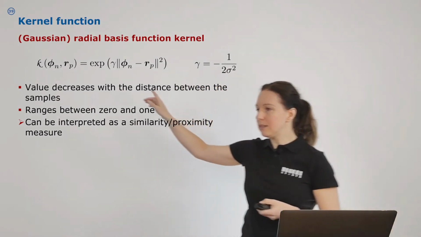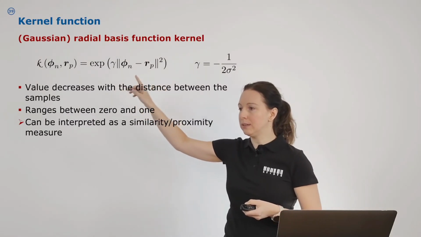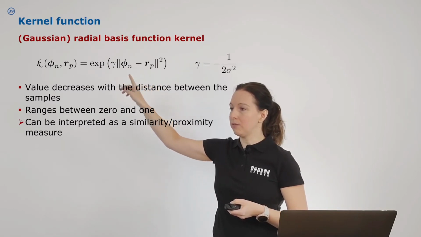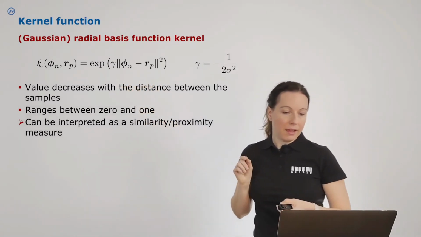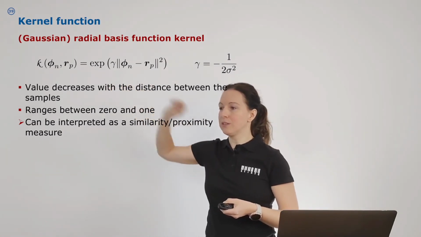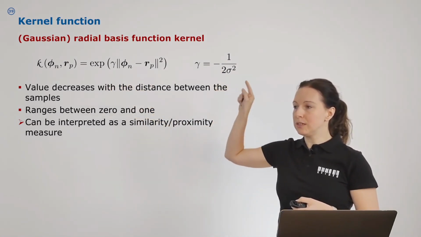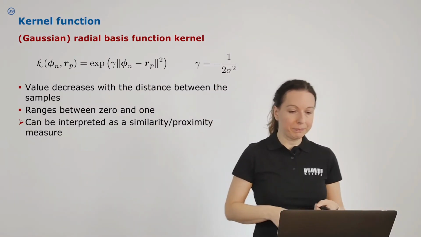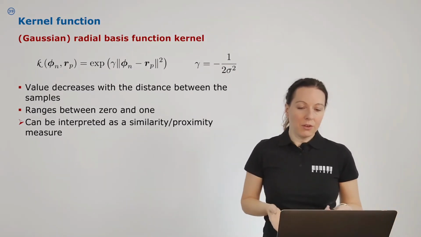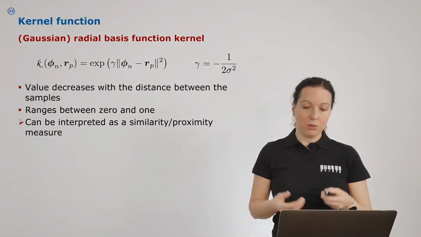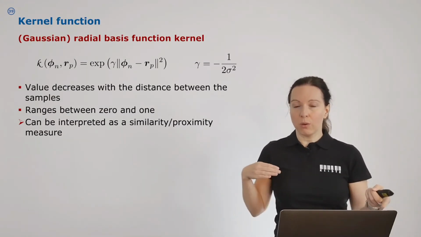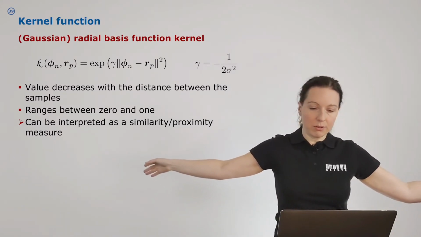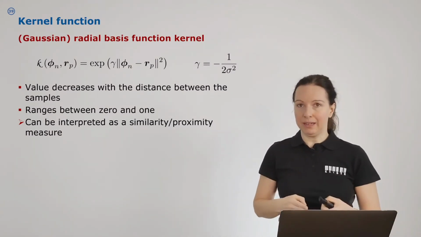What is actually seen here is the squared Euclidean distance. You have a data sample phi n, and you have a prototype, and you have the squared Euclidean distance, and you have gamma here, which is a scaling parameter. If you choose this as a scaling parameter, you have a Gaussian radial basis function kernel. The value of the kernel decreases with the distance between two points and ranges between 0 and 1. 0 is when the two points are infinitely far away from each other, and 1 is when two points are equal.